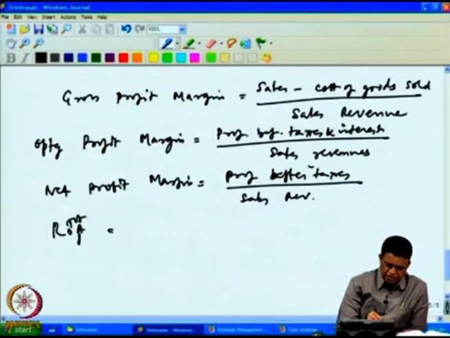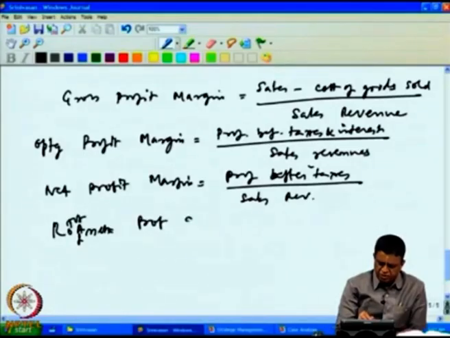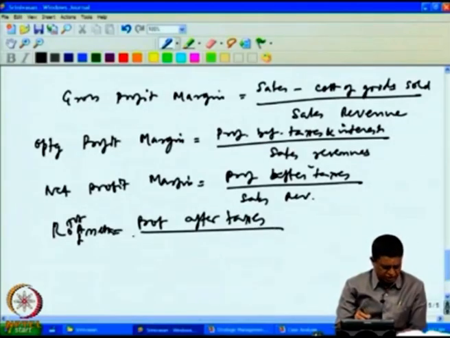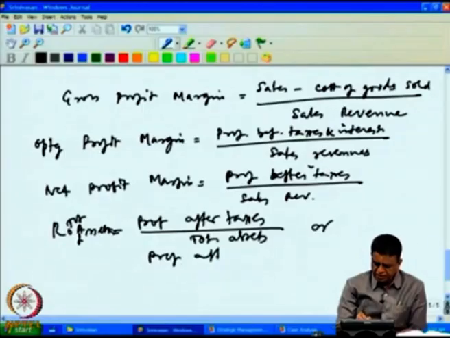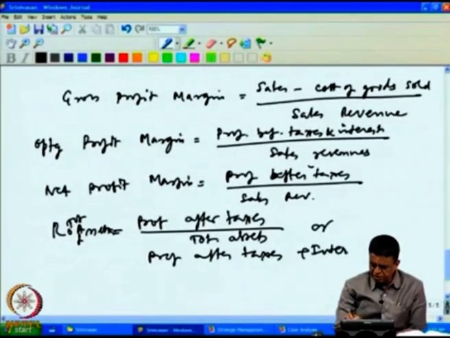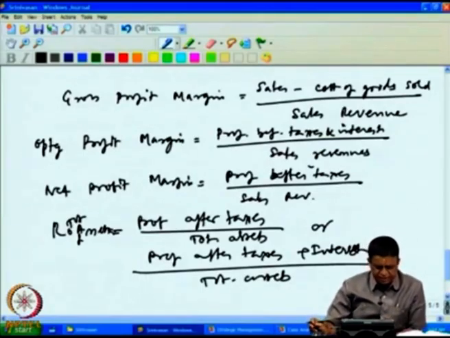It is equal to profit after taxes divided by total assets, or there is another formula: profit after taxes plus interest divided by total assets. So, this is the other method of calculating this.